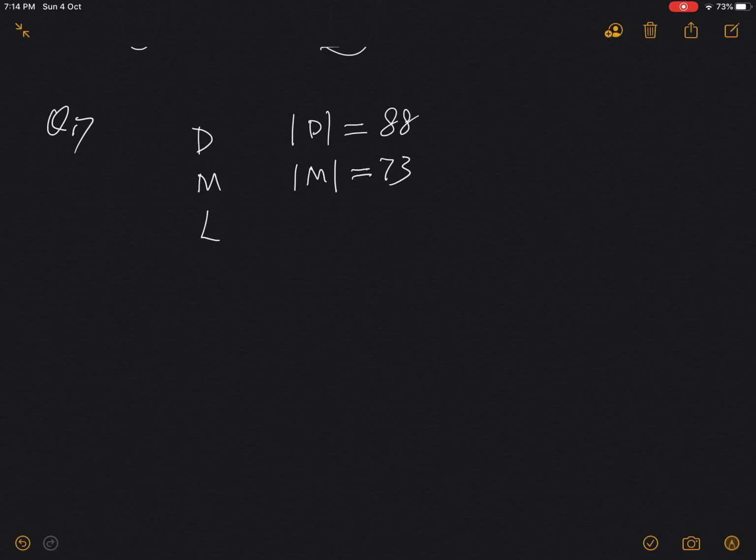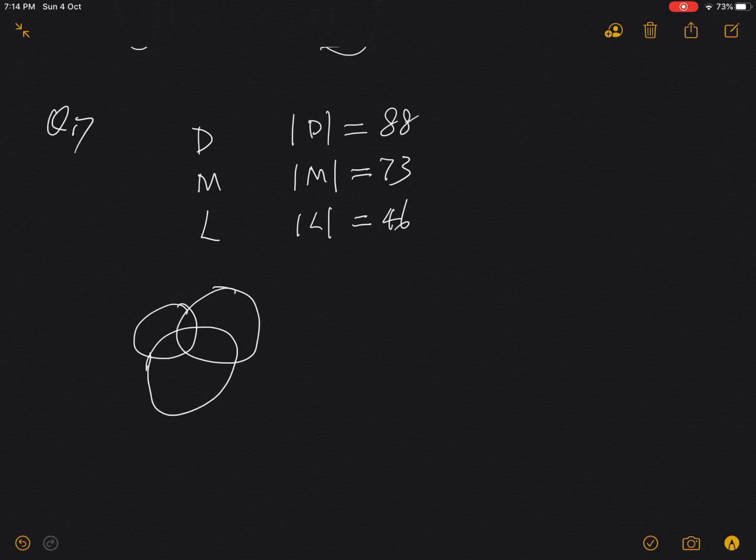The cardinality of L is 46. So we have 3 sets: D, M, L.